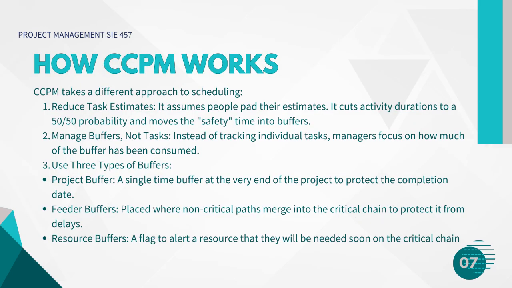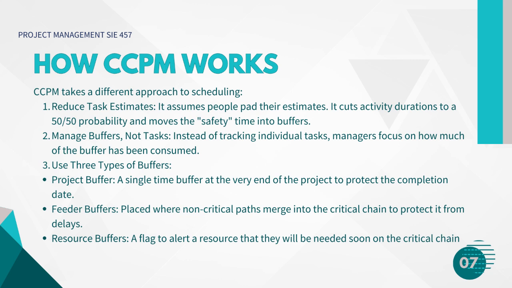So, how does CCPM work in practice? It flips traditional scheduling on its head. First, it assumes that most task estimates are padded with safety time. CCPM strips this padding out, reducing estimates to their 50-50 likelihood, and pools all that saved time into shared buffers. Instead of managing tasks, the project manager's job is to manage the buffers.